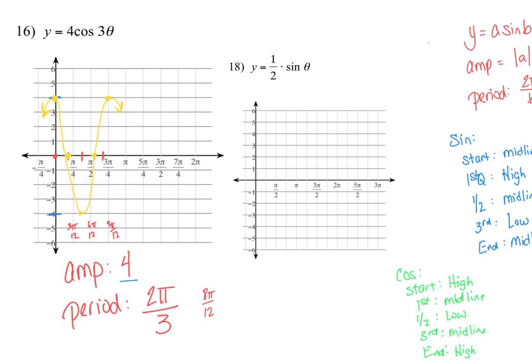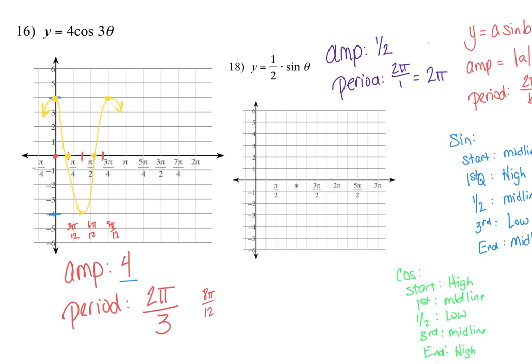Amplitude is 1/2. That tells me how high and how low I go. Period. The period here is 2 pi over the number in front of the theta. What number is in front of theta? 1. So my period here is just 2 pi. All right, I've answered those 2 questions.